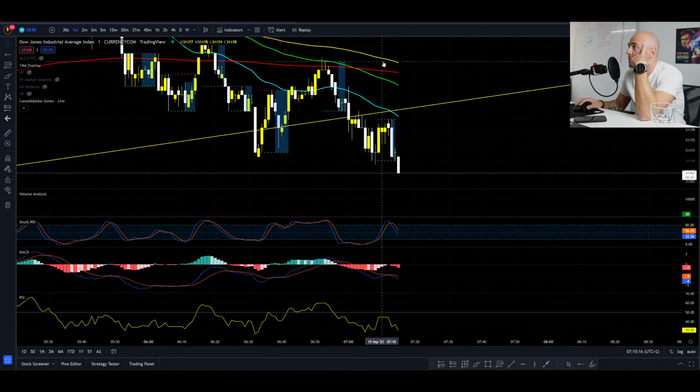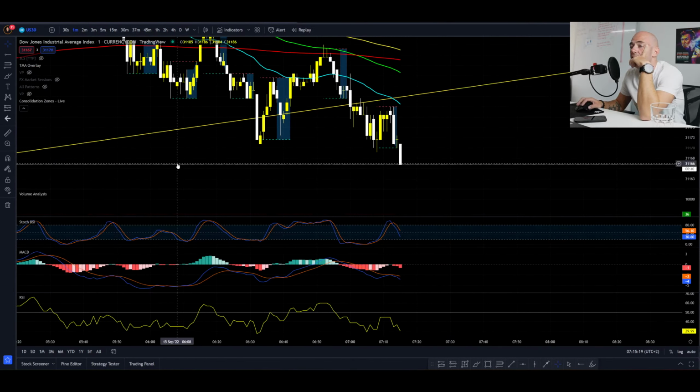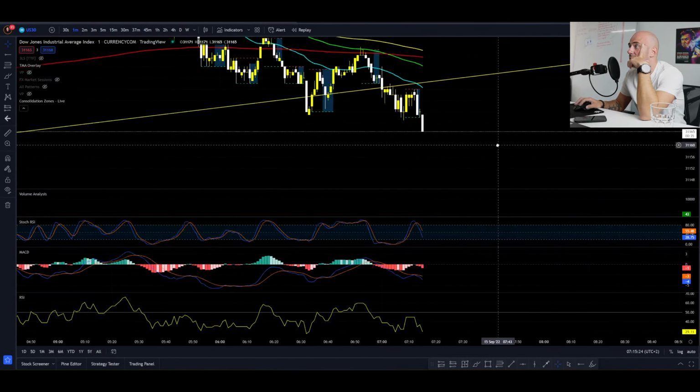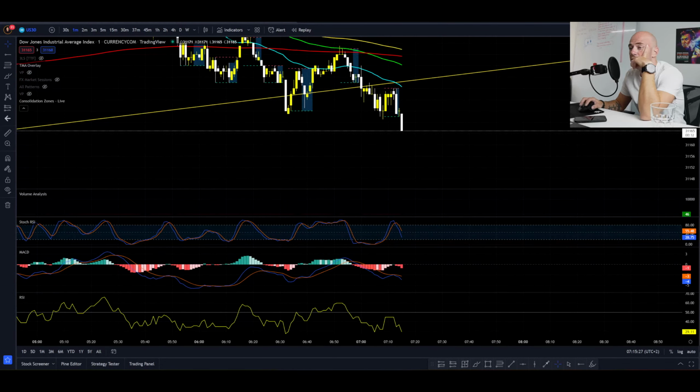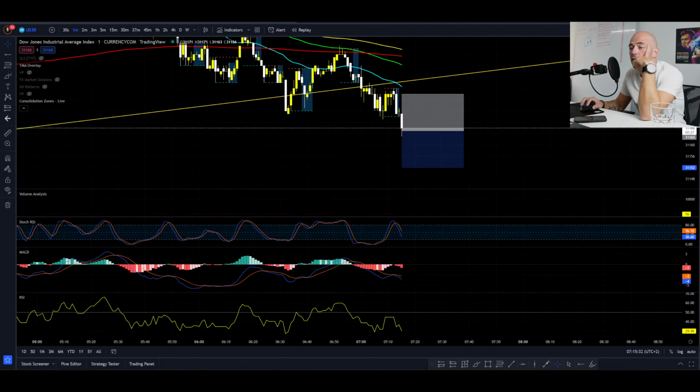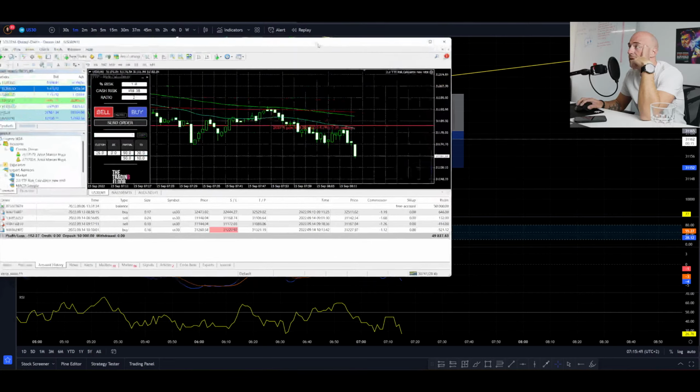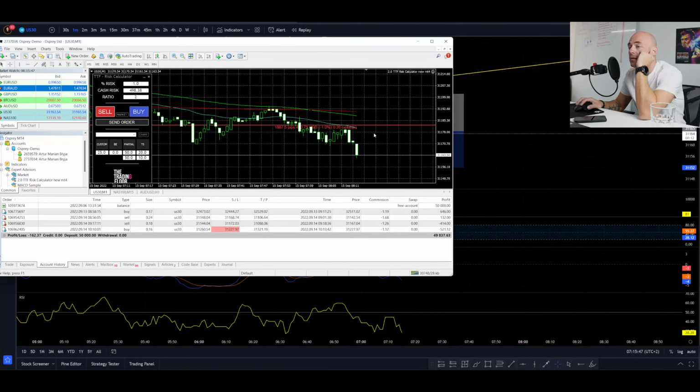So this might be a good area to consider taking a short, and having our stop loss right here at this swing high.